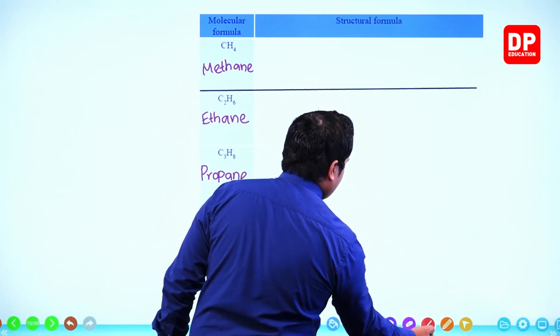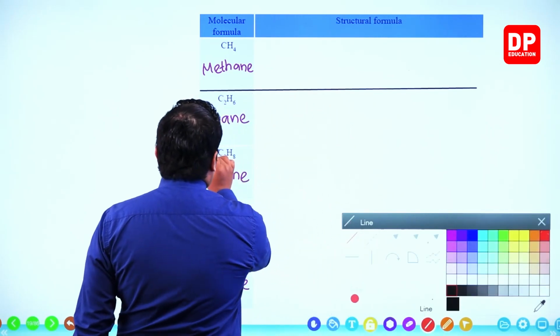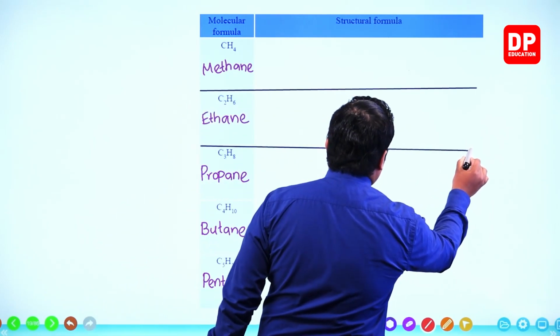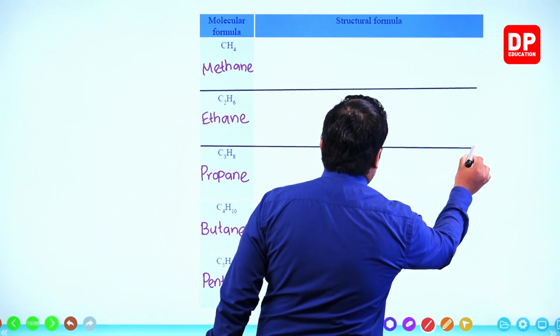So I'm about to divide the sections first.